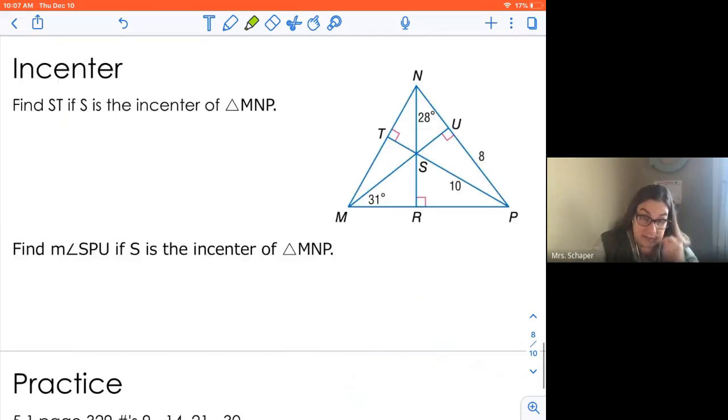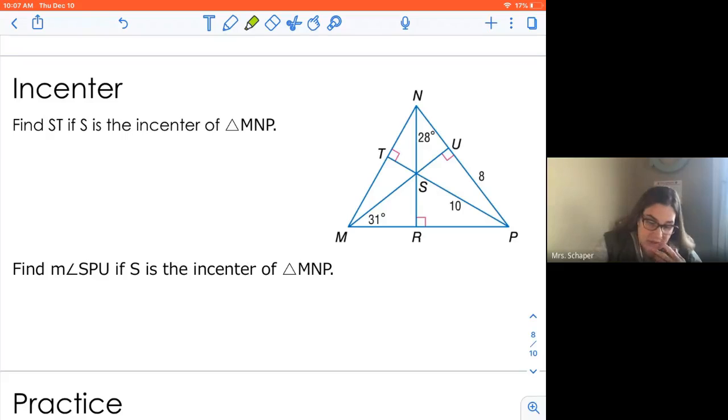So the incenter, let's do a little bit of practice with this, okay? So find ST, if S is the incenter. Now we know that ST and US and SR are all equidistant.